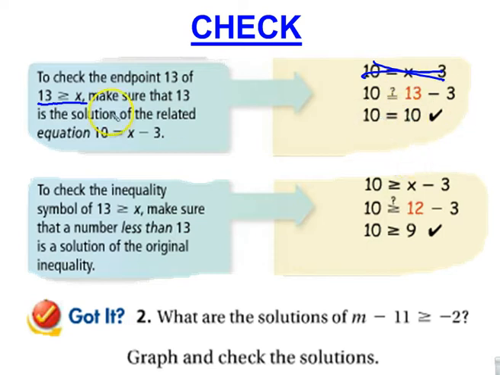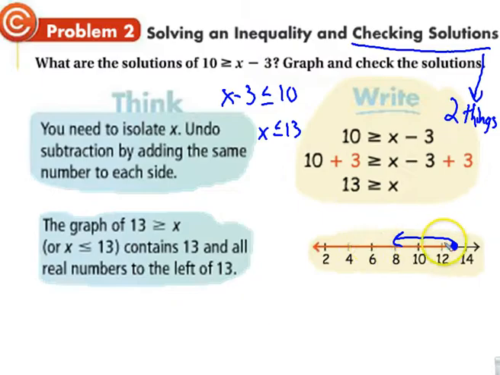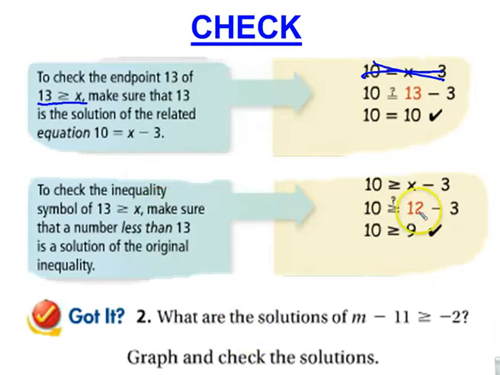It has to work because it's less than or equal to. And then we pick one number in the shaded region, anything in the shaded area. In this case, they picked the number 12. 10 is greater than or equal to 12 minus 3. 9 is less than or equal to 10. That's good. We're okay.